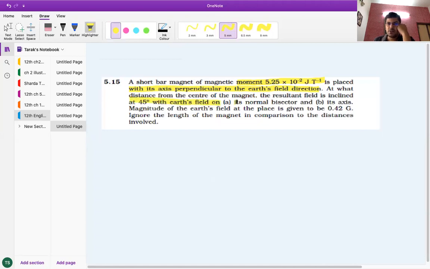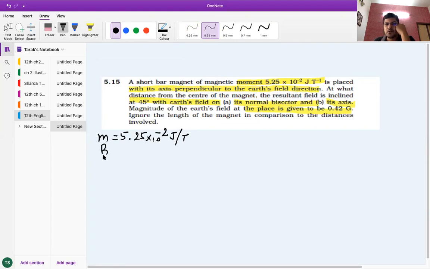We have to use the formulas for the normal bisector and for the axis, where the magnetic field is 0.42 Gauss. First of all, the magnetic dipole moment is equal to 5.25 × 10^-2 joule per Tesla. Angle 45 is of no use. Magnetic field is mentioned as 0.42 Gauss.